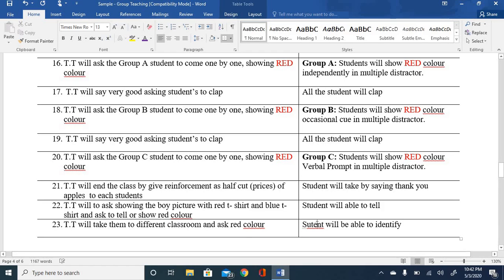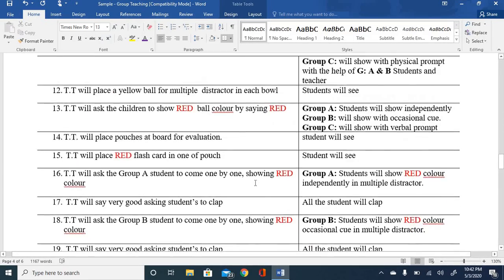So in this way you are going to generalize at last. You can show a red t-shirt, a red car, a rose flower, you can move the child to different things. There are many ways you can generalize. Or you can ask them, tomorrow wear a red t-shirt and come. In that way also you can make the child do it.